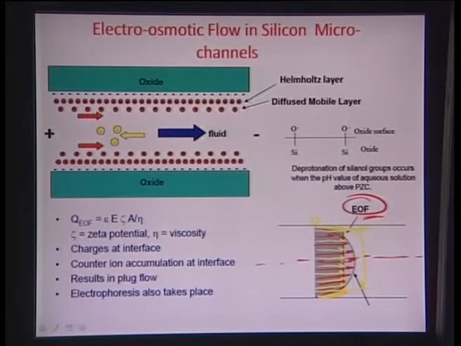Now, there are several important issues which emanate from this. Electrokinetic flows being plug like, there is almost always a continuity or uniformity of velocity vectors across such a channel, right.